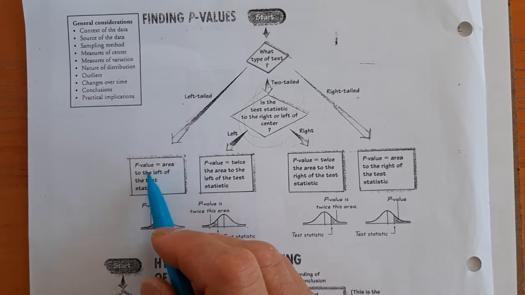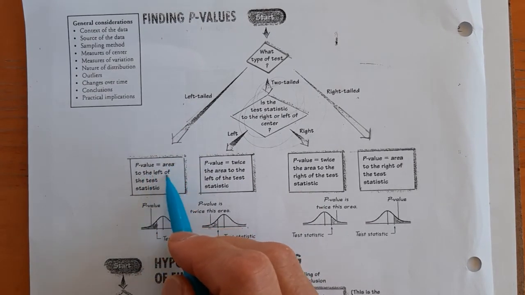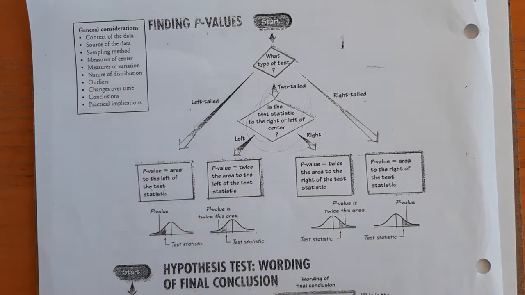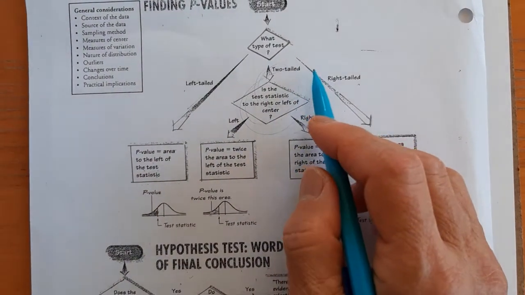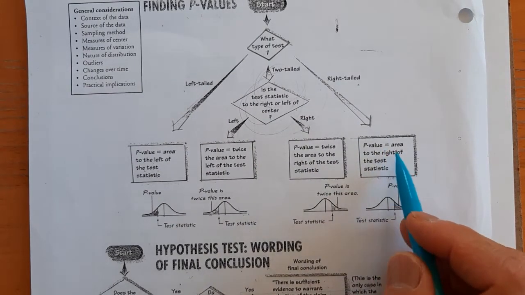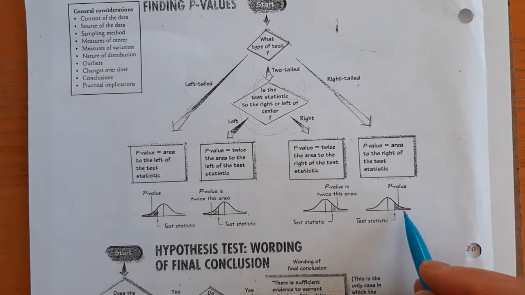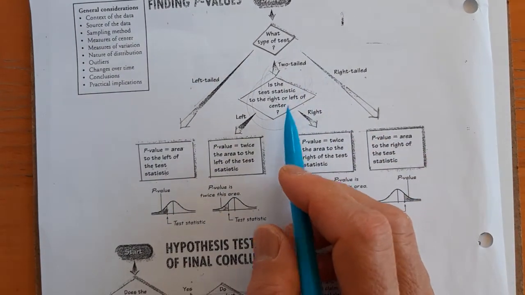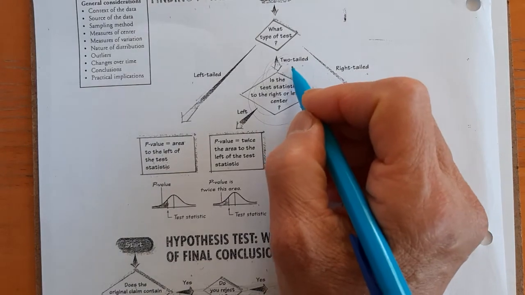For the left tail, the p-value is the area to the left of the test value. And for the right tail, the p-value is the area to the right of the test value. A two-tail test means not equal.